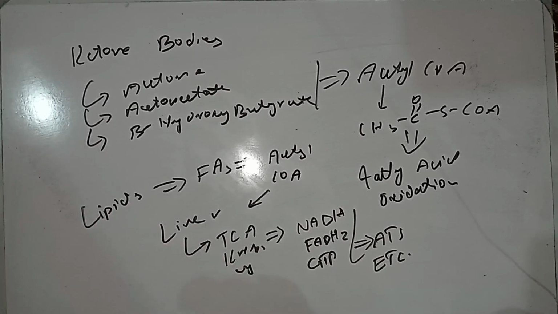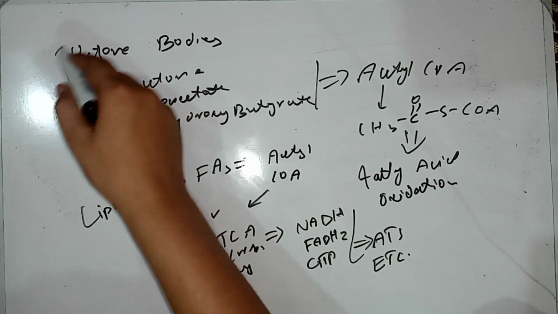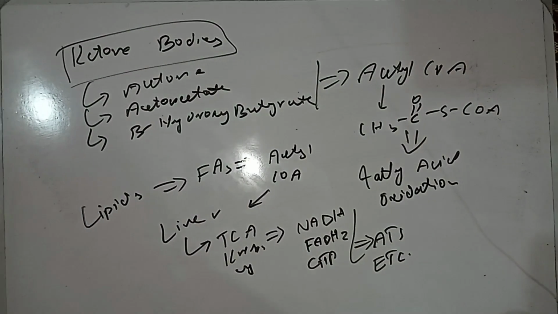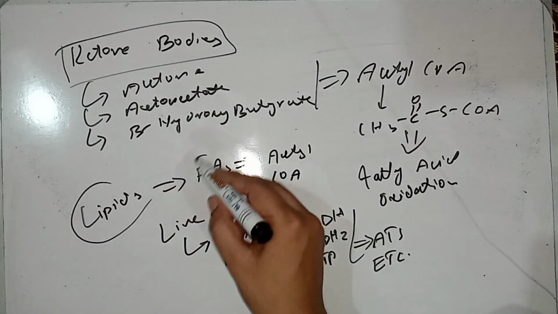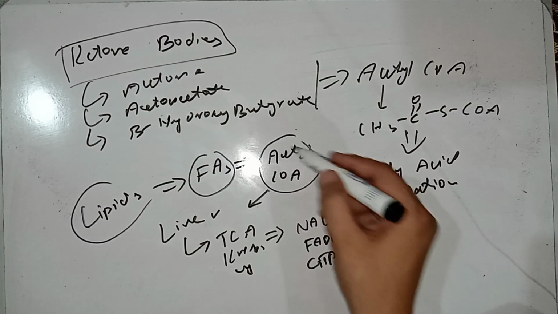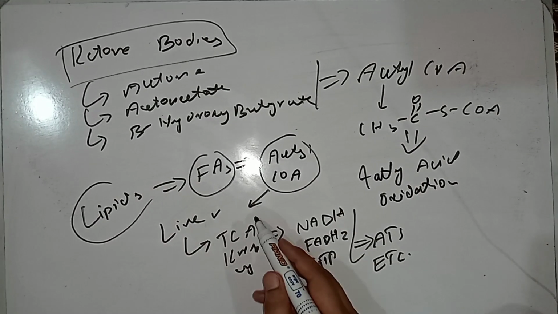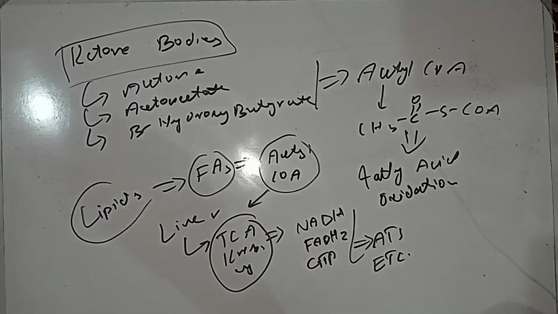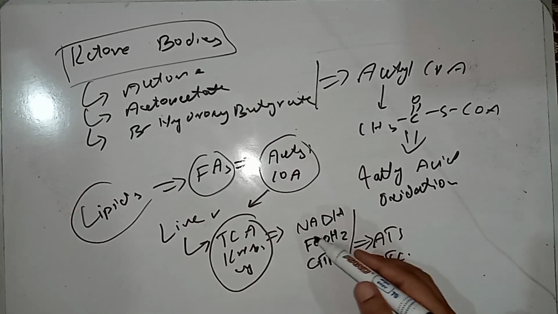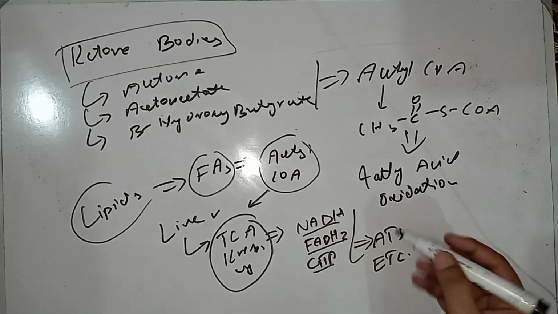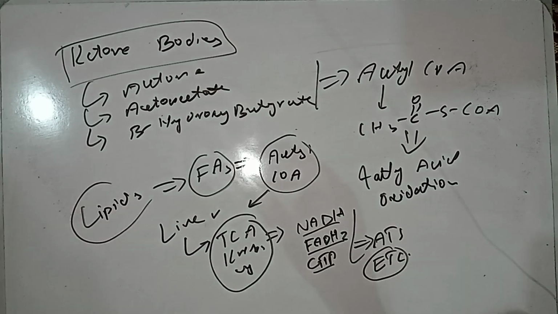So ketone bodies are produced from this acetyl CoA. Let's discuss. Lipids are broken down to fatty acids. Fatty acids are converted to acetyl CoA. Acetyl CoA goes to the liver. The liver oxidizes it by the tricarboxylic acid cycle and converts it to NADH, FADH2 and GTP, which are used to produce ATP by the electron transport chain.